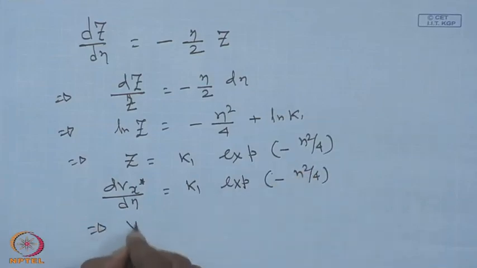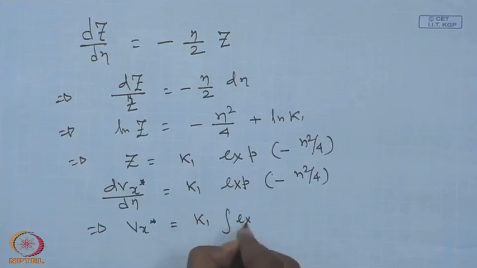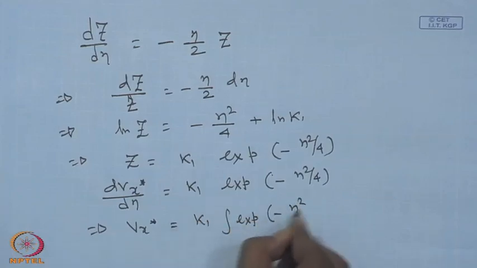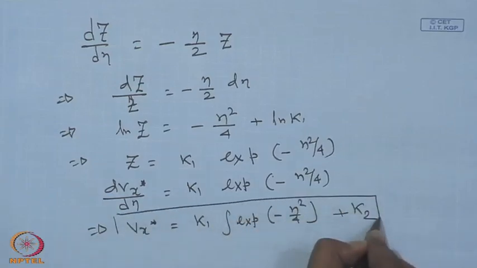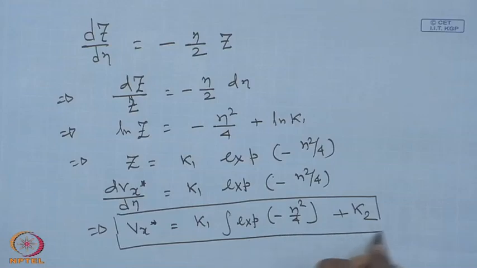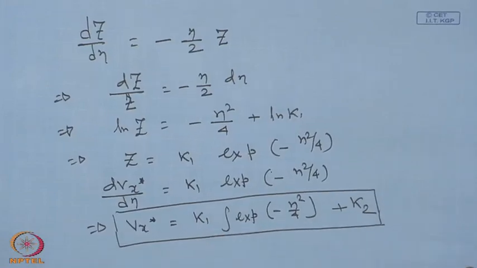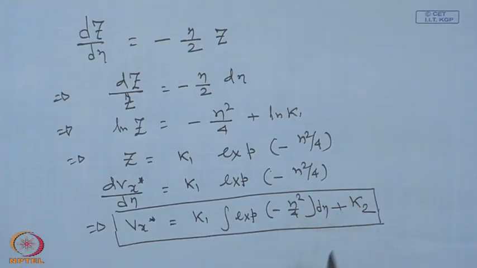So, v x star becomes k 1 integral exponential minus eta square by 4 d eta plus another constant k 2. So, this gives the profile of velocity within the boundary layer. You have two constants of integration, k 1 and k 2. These two constants have to be evaluated by the two boundary conditions.